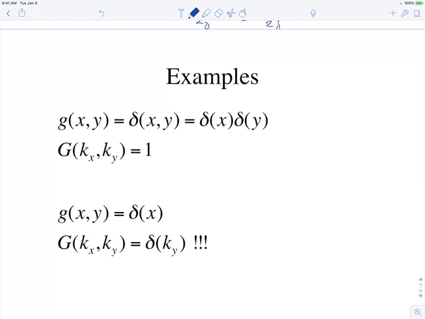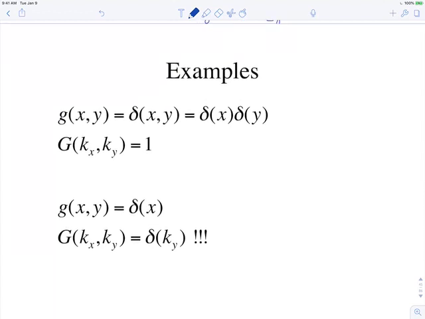So let's do a couple more examples. The two-dimensional Dirac delta can be written as the product of two one-dimensional Dirac deltas. Even in 2D, we still have delta x, y going to 1.